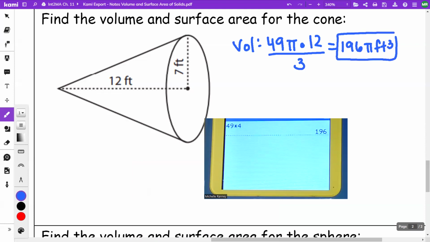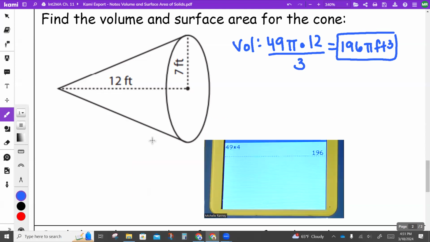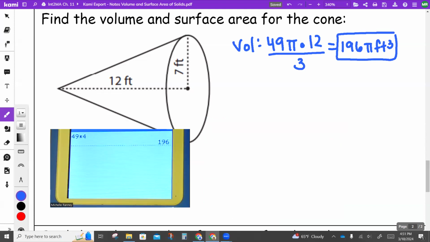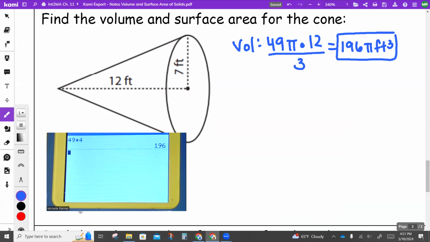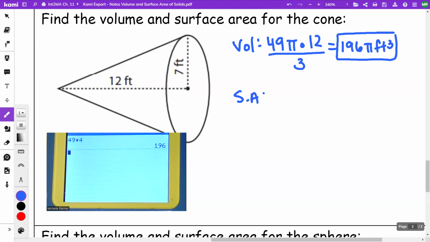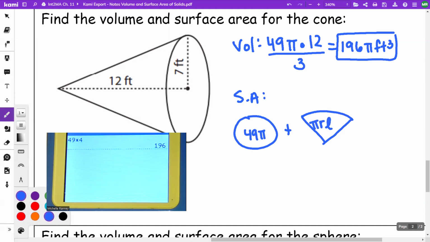Okay. And then when I'm trying to do my surface area, again, I'm going to have the circle. That's going to be 49 pi plus the sector. And to find that again, it's pi times r times L. So I need to find my L. So I am going to need to do Pythagorean for that.